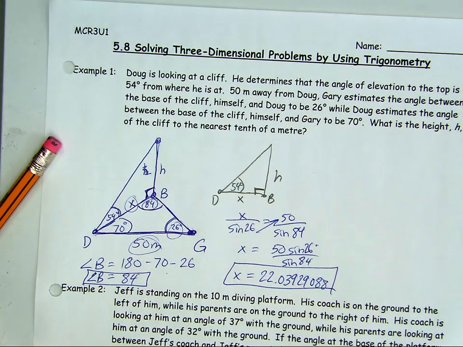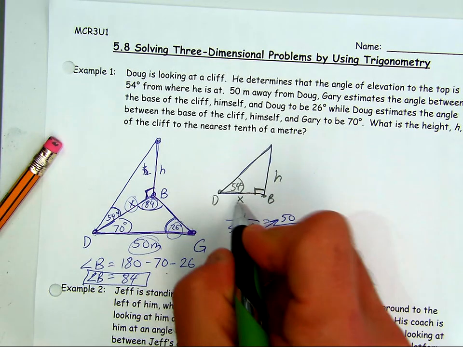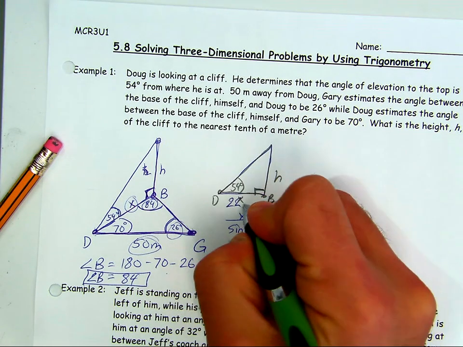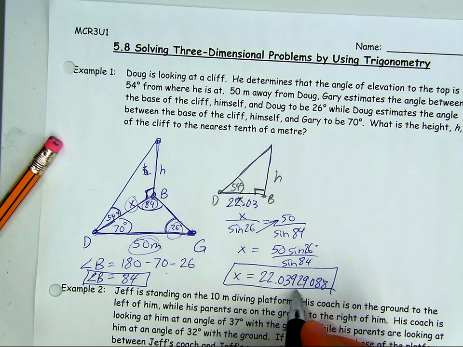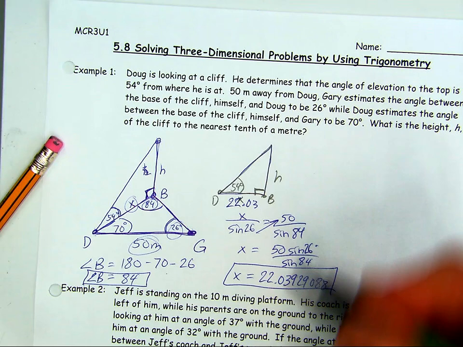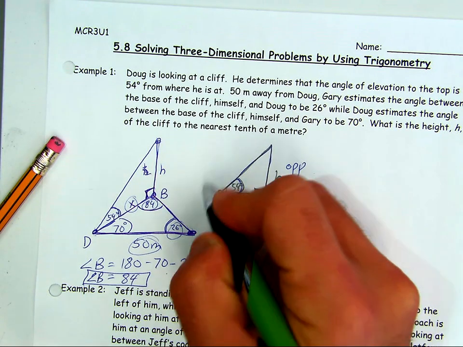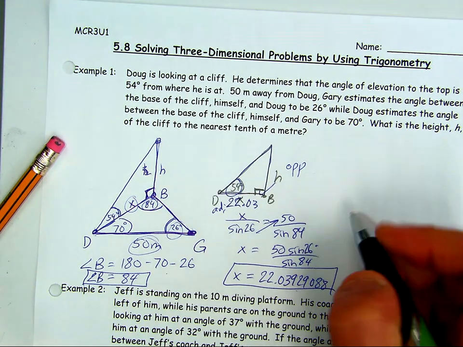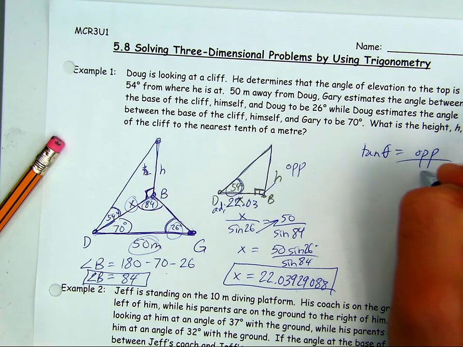So now I can use this picture here, and I have what x is equal to: 22.03, all that stuff. Now, using this 90-degree triangle, 90 degrees allows me to use SOHCAHTOA. According to this angle, this is the opposite side, and this is the adjacent side, so I can use tan. Tan theta is opposite over adjacent.